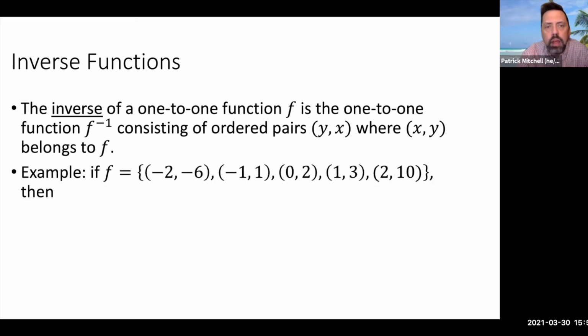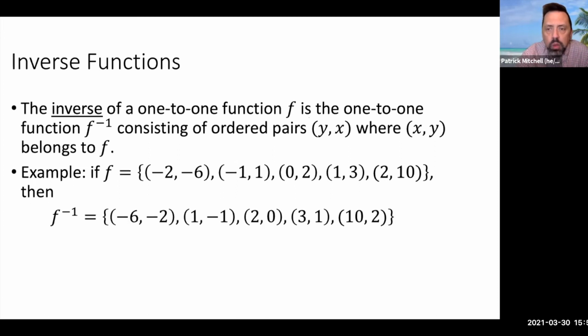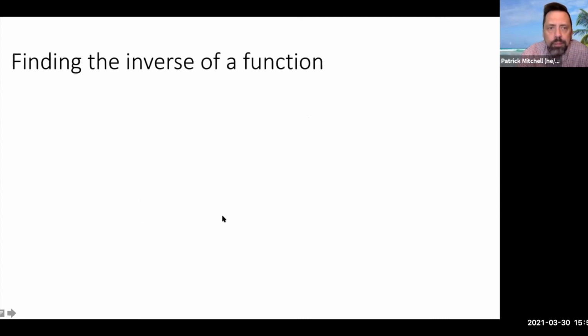Here's another example. This is the function we were looking at earlier. We said this one was one-to-one. So if function f consists of these 5 ordered pairs, then f inverse would consist of these 5 ordered pairs. Notice that the x and the y has just been switched within each ordered pair.